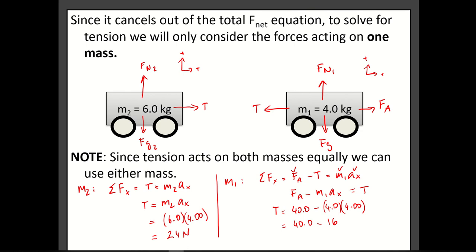So again, we have 2 sig figs, 3 sig figs, so the multiplication gives us 2 sig figs, and then when you subtract, it's going to be least number of decimals. So 40 minus 16 is 24. So as you can see, we get the same tension no matter which mass you use once you break it apart and you have separate free body diagrams.